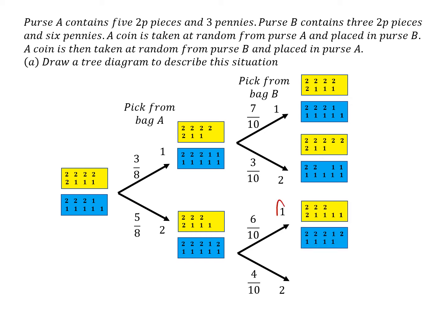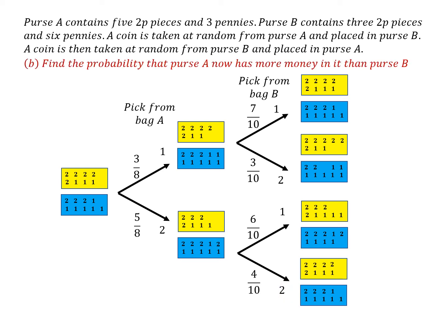If we take a 1p, let's say this one here, and put that into bag A, this is what the, I keep saying bag, the purses look like now. And finally, that's what the purses look like when we take one of these 2p pieces, let's say that one, and put it back into bag A. So there's our tree diagram. Goodness.